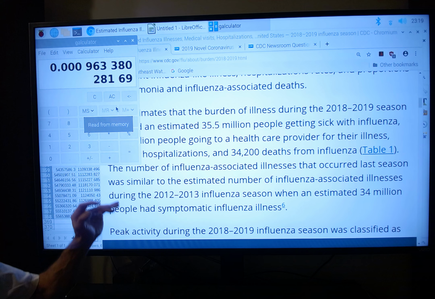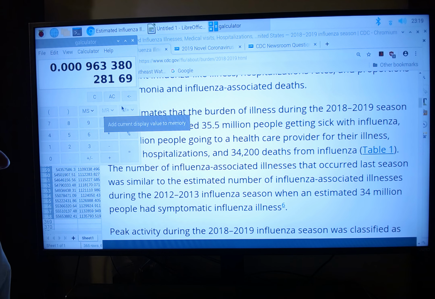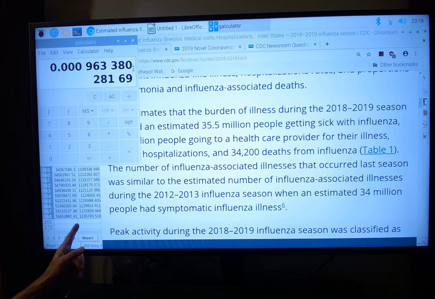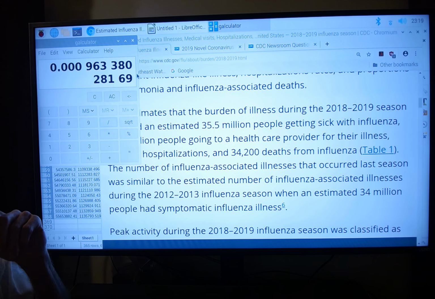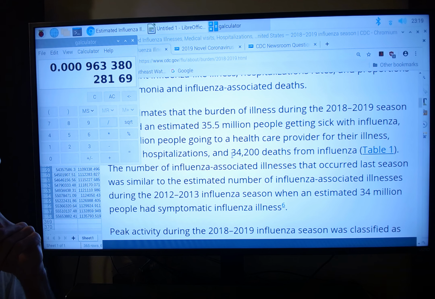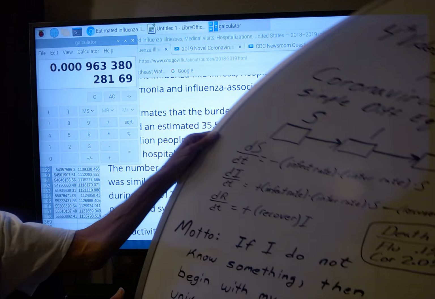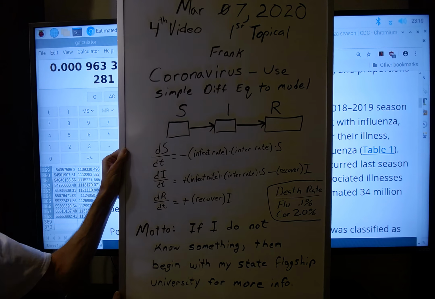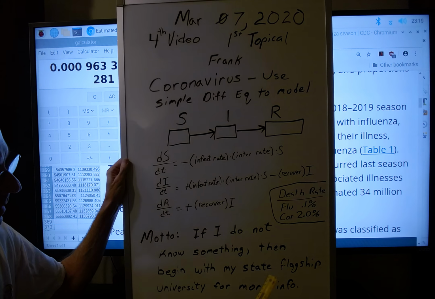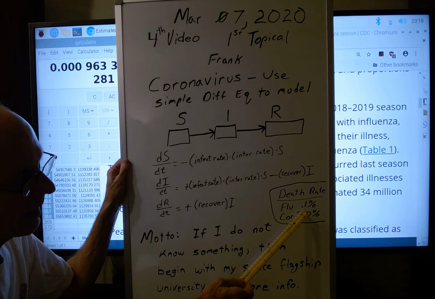Okay, and there's that death rate, the 0.1% death rate. Now I was just guesstimating a 2% death rate. So if we look, our death rate is 20 times higher than the flu.